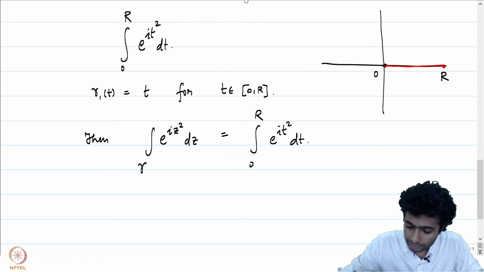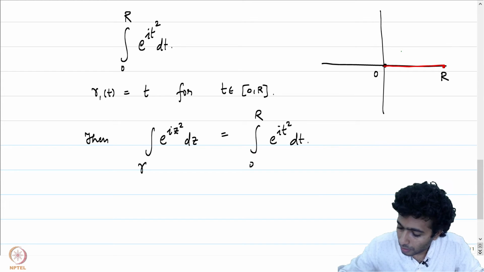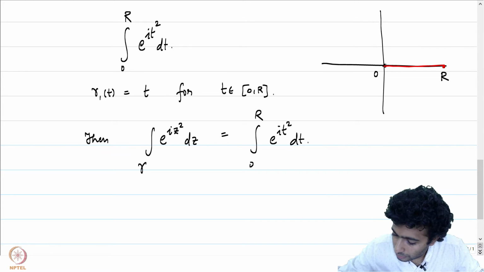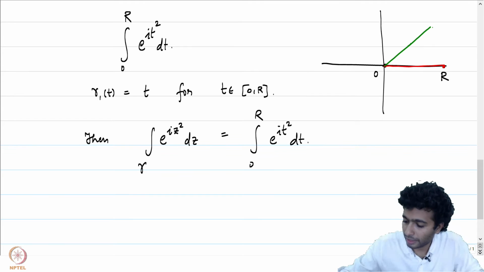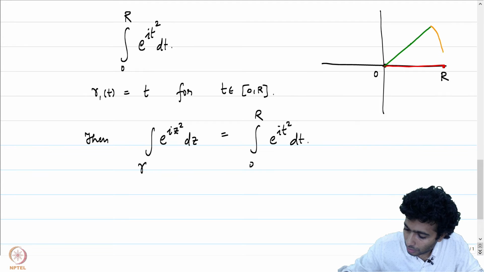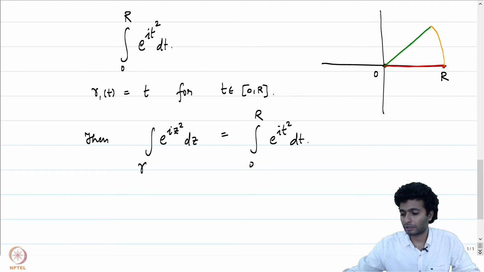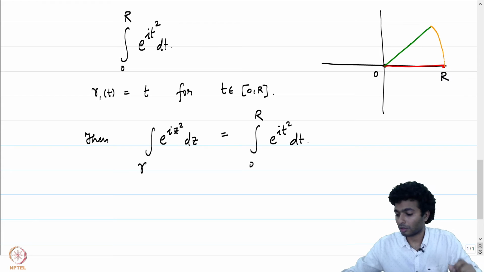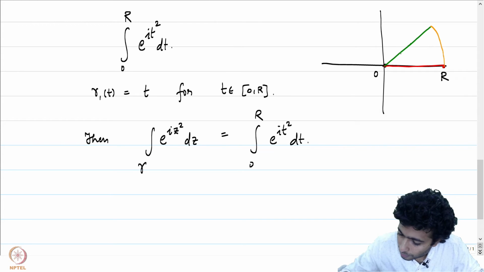In order to do that, let's look at the following path: the path at an angle of pi by 4, followed by the orange path, which is the portion of a circle of radius R. So let me write things down.